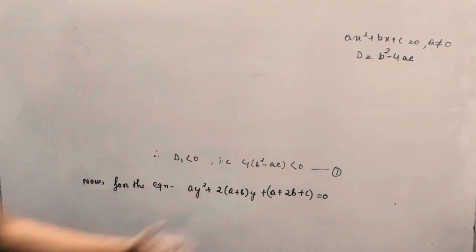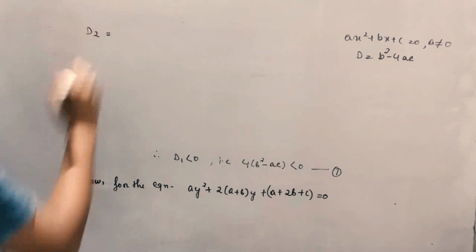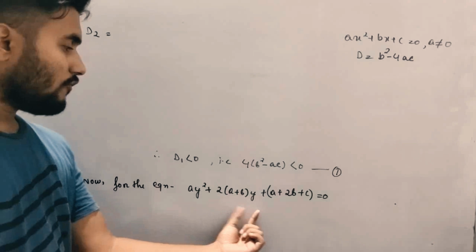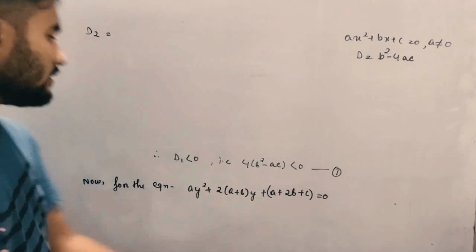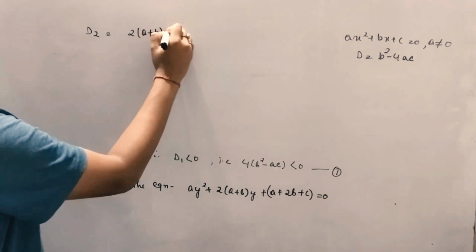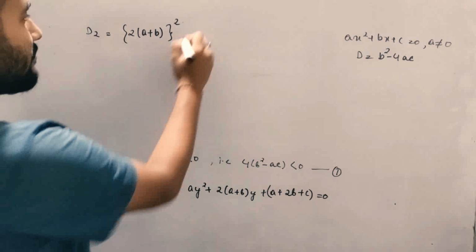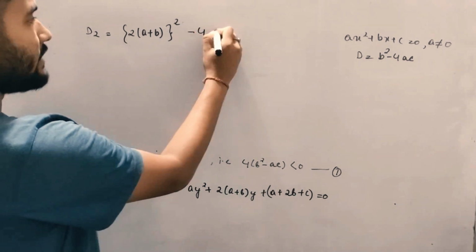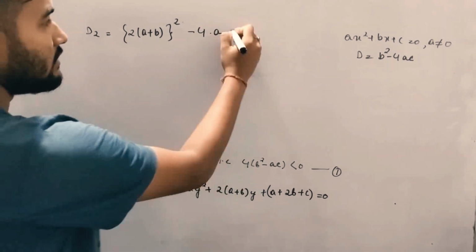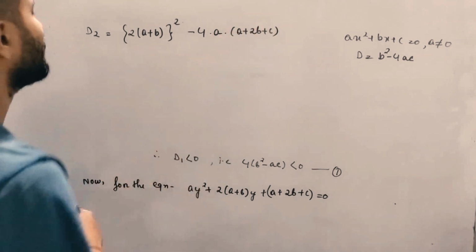Over the same thing, discriminant. To find the nature of the roots, we will use discriminant b square minus 4ac. What will be the b? Coefficient of y, right? So this will become twice (a plus b) whole square, this is b square, minus 4, a is a, and c is a plus twice b plus c.